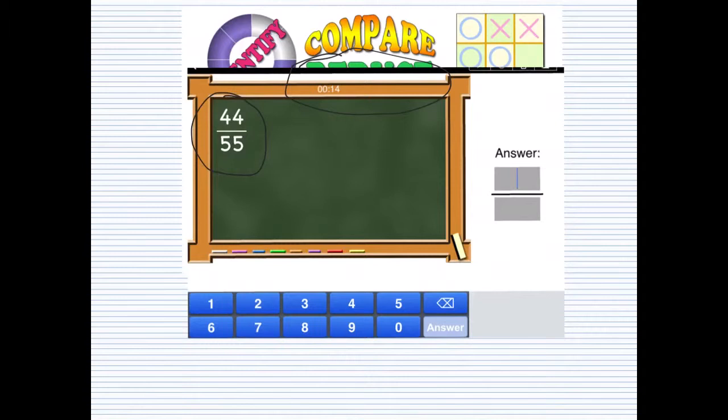So you divide 44 by 11 and 55 by 11, and that would come out to be 4/5. Since I'm not in the app, I can't type it, but there's a keyboard like in Compare and Identify.